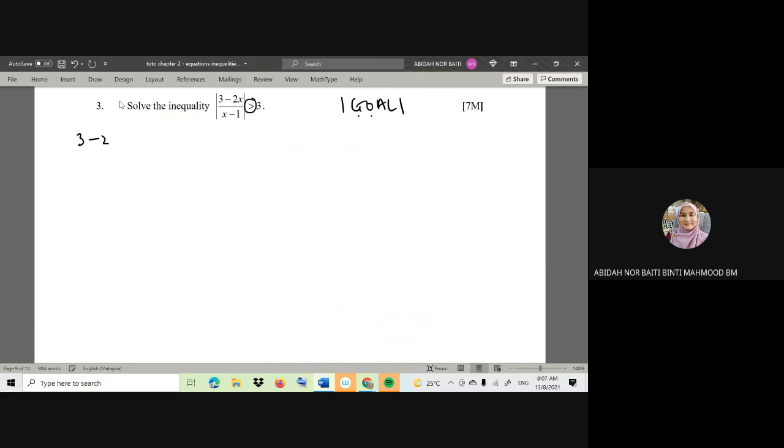So (3 minus 2x) over (1 minus x) greater 3, or union. Okay, this is positive. Another one is negative. Less -3. Okay, don't forget to change your sign of inequality.